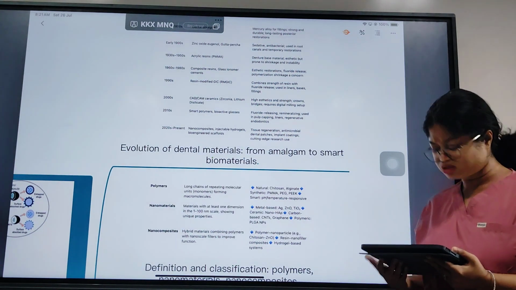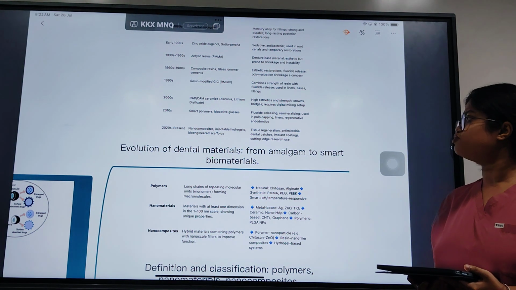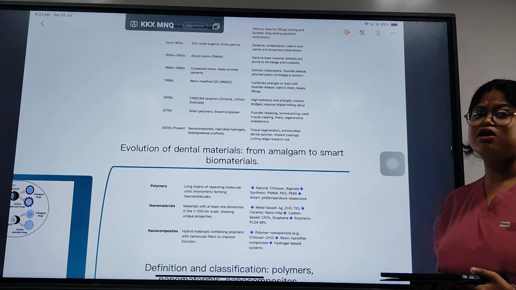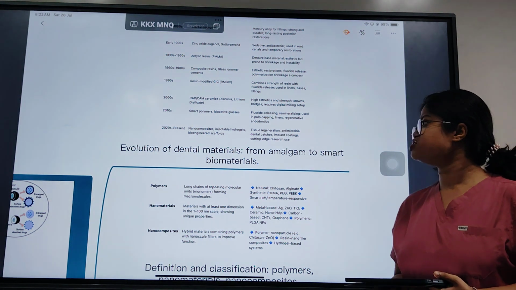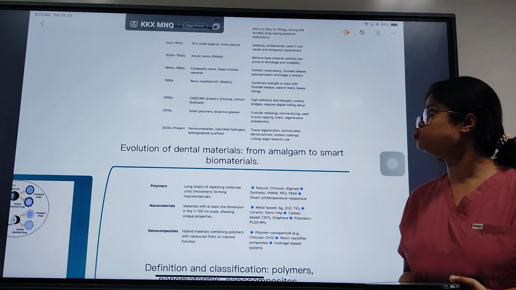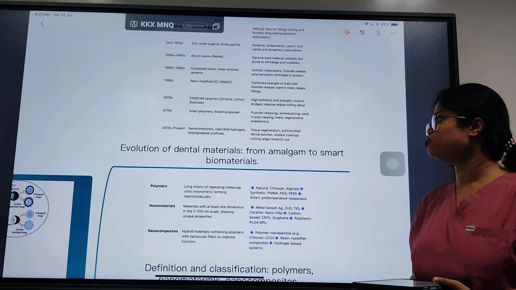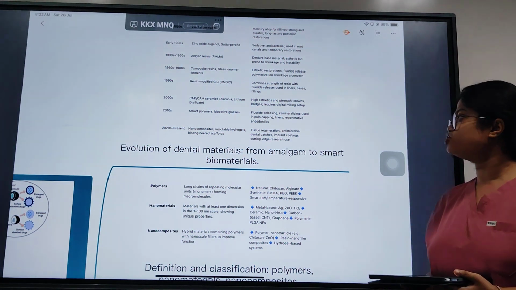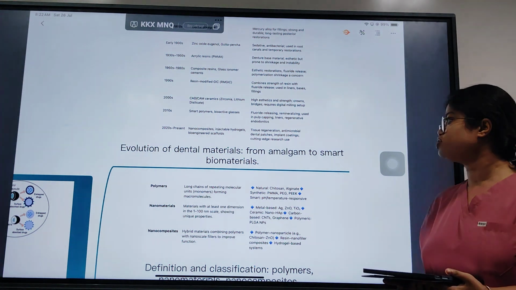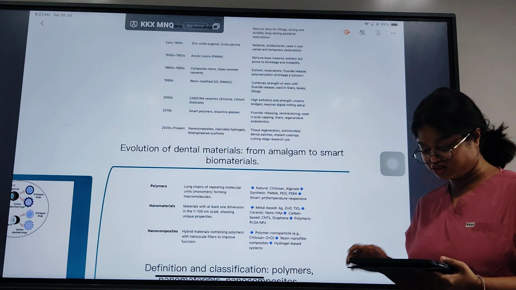In 2010, smart polymers came into play, and bioactive glasses, which were fluoride releasing for remineralization purposes, used in pulp capping, liners and regenerative endodontics. And in the 2020s to present, we have seen the development of nanocomposites, injectable hydrogels and bioengineered scaffolds for tissue regeneration and antimicrobial properties. Then specifically, dental patches can be developed as implant coatings and for cutting edge research use.